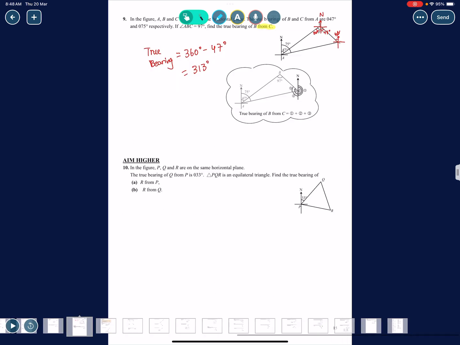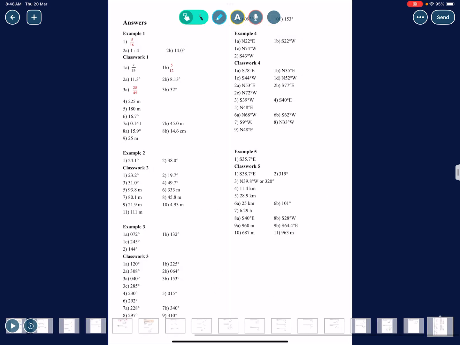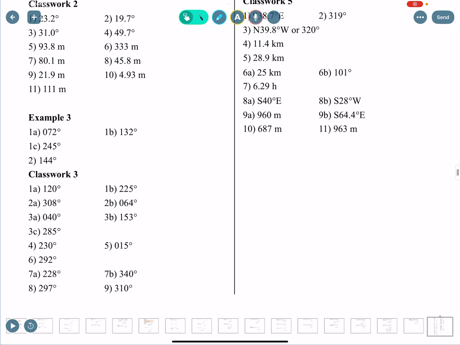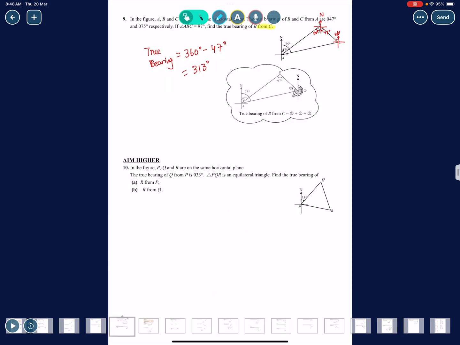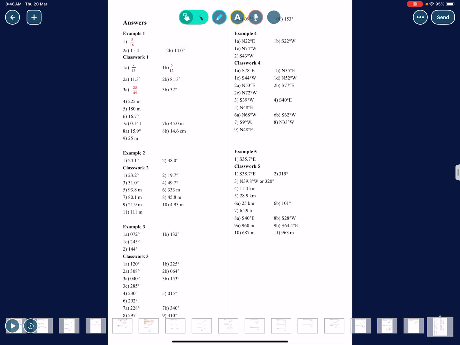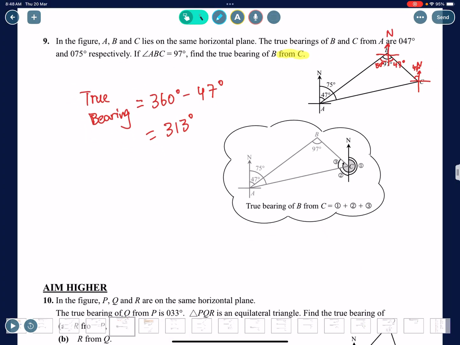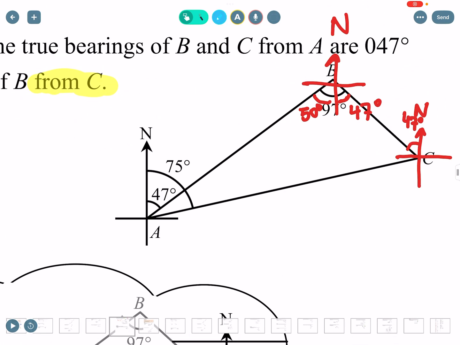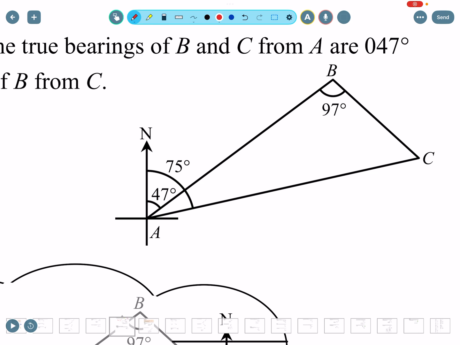That is classwork number 3. Last question. 310 is the answer. What was our answer? 313. That was so close. Okay, was my concept wrong? Okay, this one here is, oh, my bad. 47 belongs here.